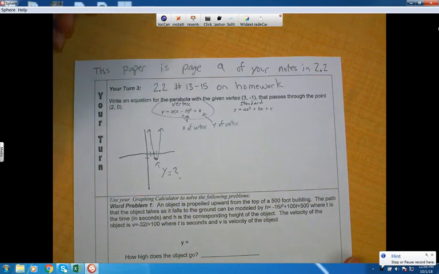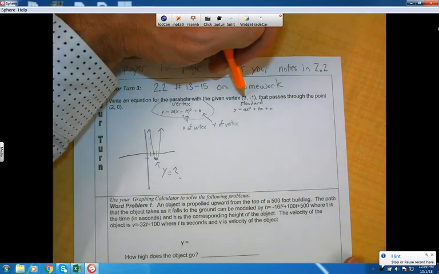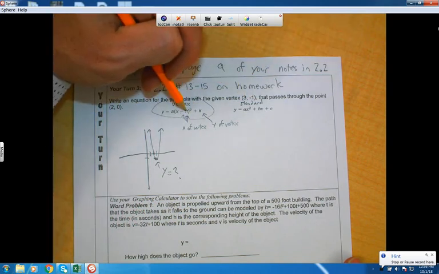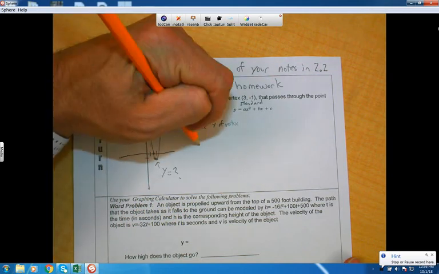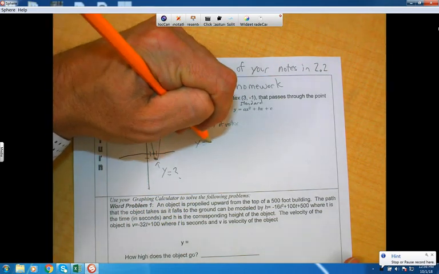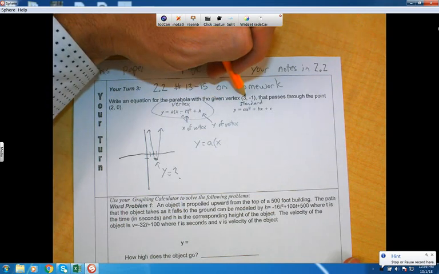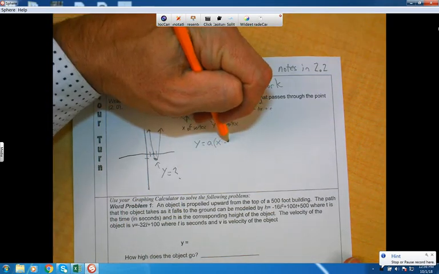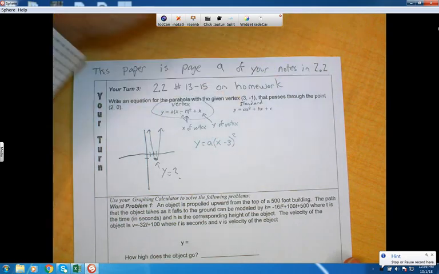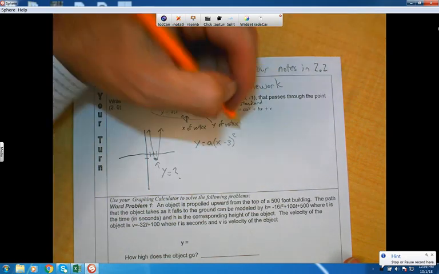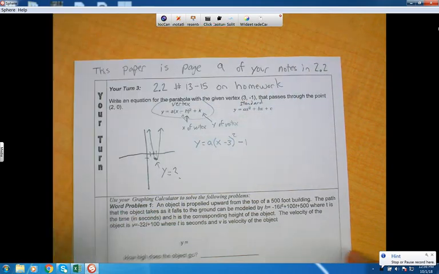So let's do that right now. It's saying that the vertex is 3, comma, -1. So the x of the vertex is 3, so we'll put a -3 there. So y equals a times (x - 3) squared. If this is a 3, you do the opposite, so it'll be x minus 3, squared. And then this is just the y of the vertex. So if the y of the vertex is -1, we just go minus 1.